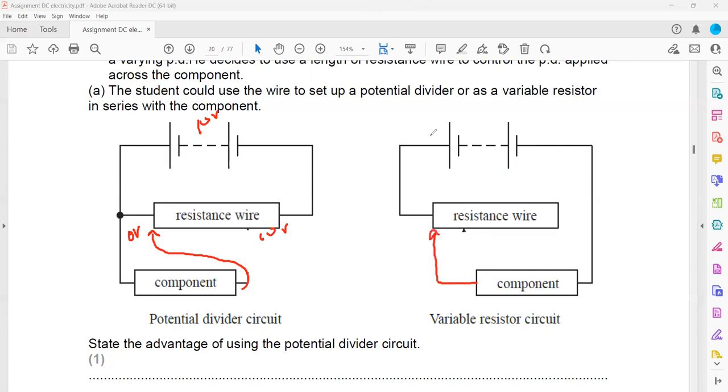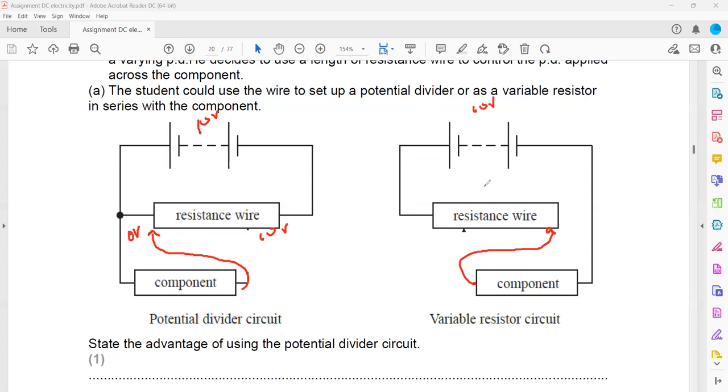Like if I connect here, if it's a 10 volt supply, the charges have to pass through this component only, so the maximum 10 volts will be there. But if I move this sliding contact here, now this resistor and the component are in series, so the voltage will divide.